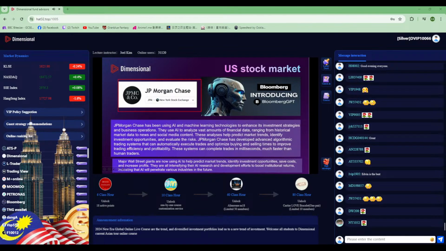Morgan Stanley uses GPT-4 for its wealth management division, and Two Sigma uses ChatGPT to analyze financial system and news content to identify potential investment opportunities and also risks.